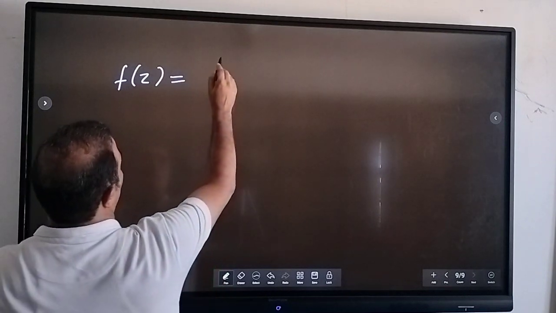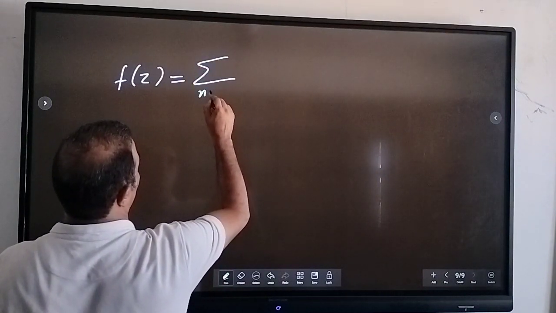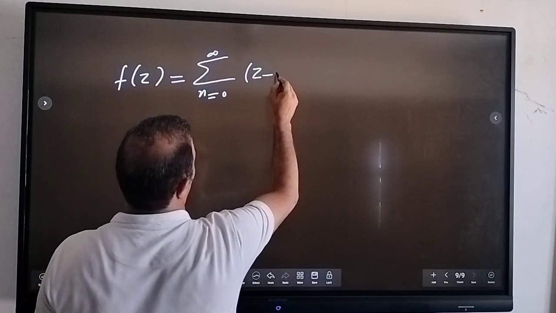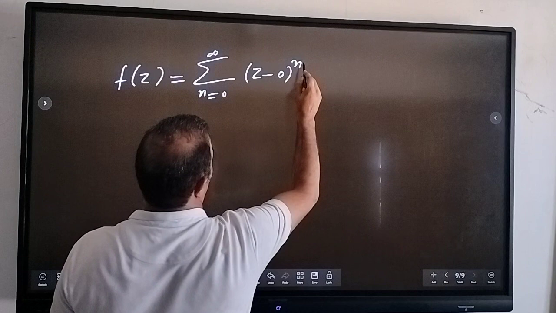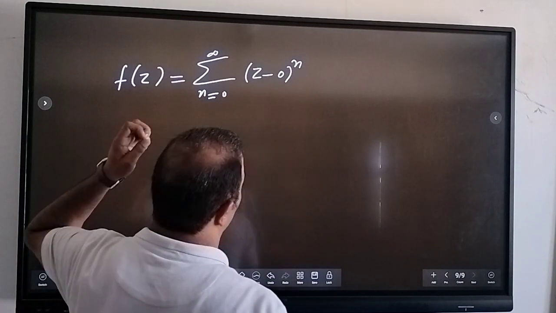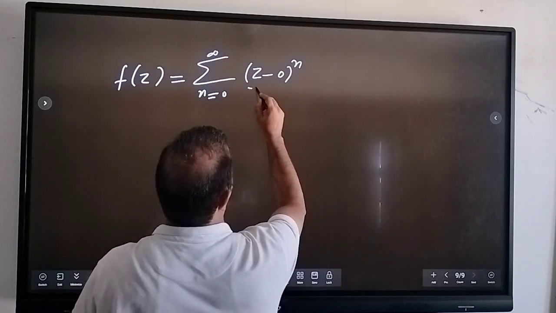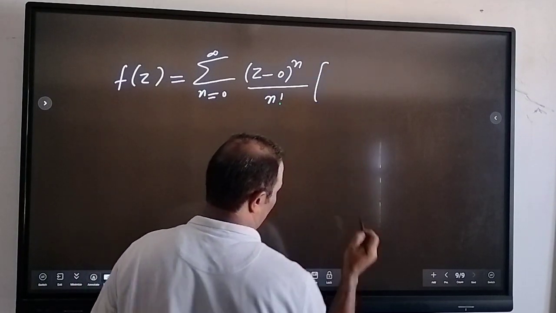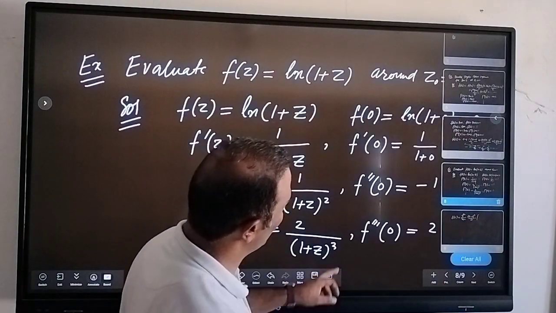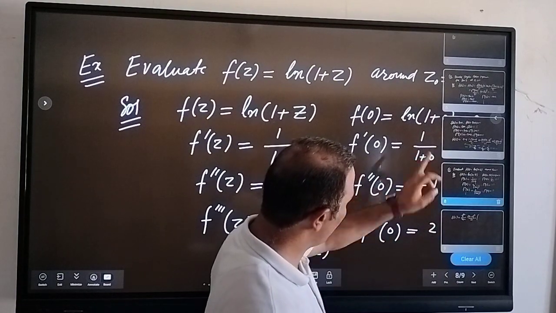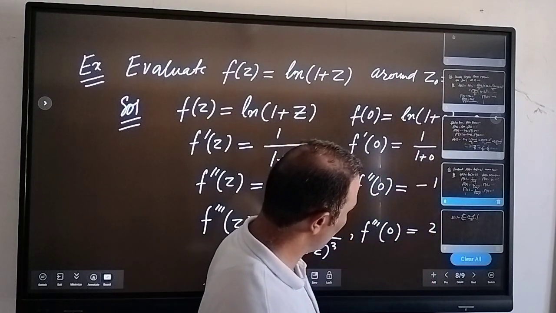summation, n starting from 0 to infinity, and you write 1 by n factorial, and inside, just check our series: you are getting first 0 and second 1, so it is 1, minus 1, plus 2 and so on, right?